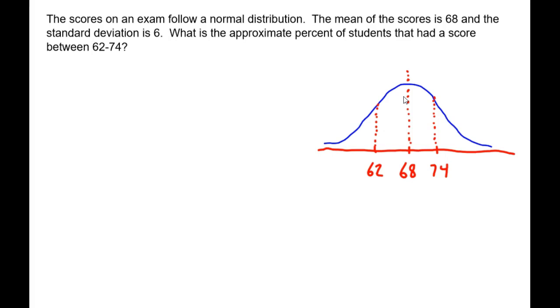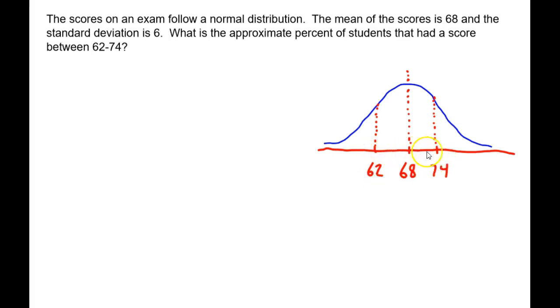We're also told the standard deviation is 6 units, so if this is my average and my first standard deviation is a value of 6, that means this value must be 74. 68 plus 6 is 74. If I go one standard deviation of 6 to the left, I would subtract 6 from 68, which is where I get the 62.